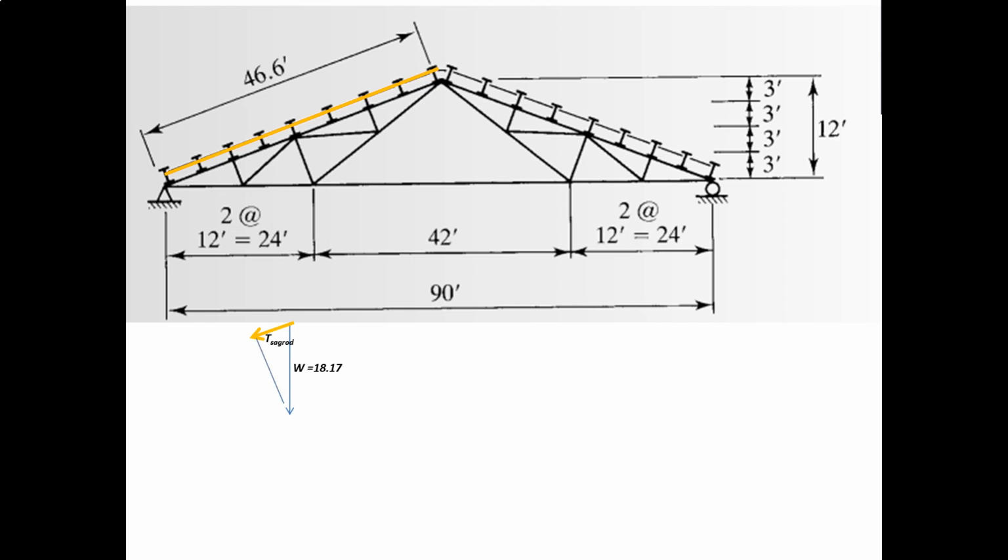We should complete the force triangle by connecting a perpendicular line to the sag rod to the end of the vertical weight. In here, we'll just utilize the slope of this inclined member. So we have here a vertical rise of 12 and a horizontal run of 45.